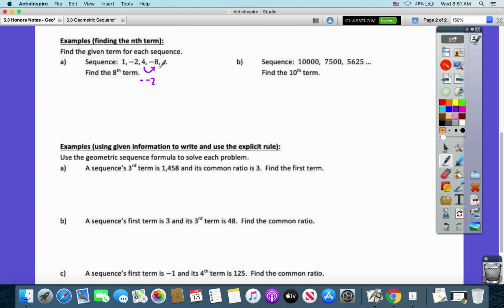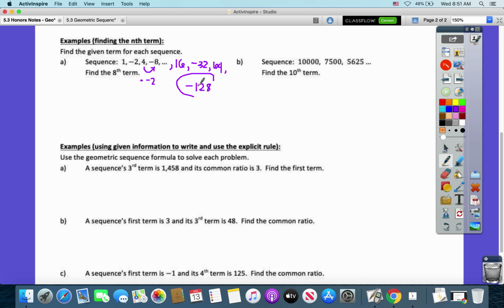So if we continue that pattern, the next term would be -8 times -2, which is 16, times -2 is -32, times -2 is 64, and that times -2 would be -128. So there's our 1, 2, 3, 4, 5, 6, 7, 8th term, -128.